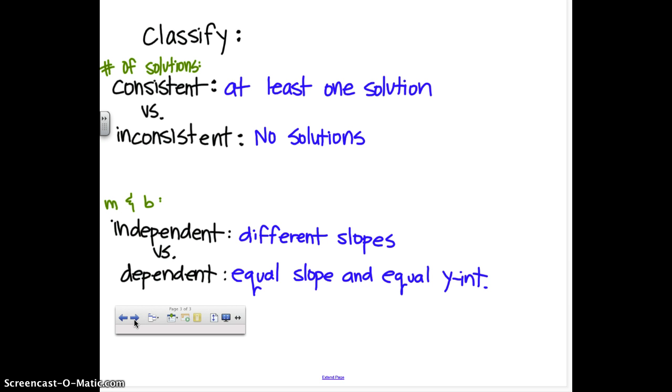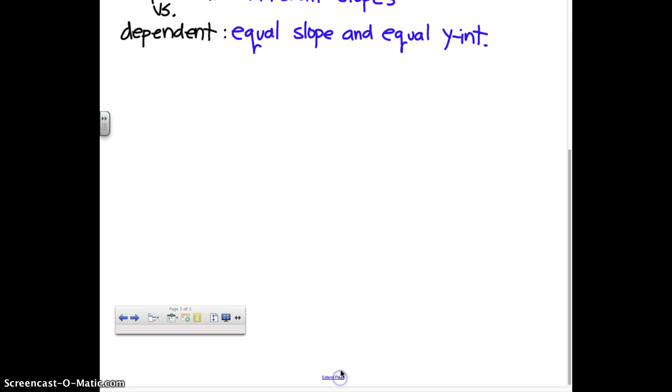Let's put this together somehow and look at some quick examples here. I want to show you this in terms of pictures. There's 3 different ways lines can interact. Here we have a red line and a blue line. These 2 lines intersect at exactly 1 point. Here we have a red line and a blue line.